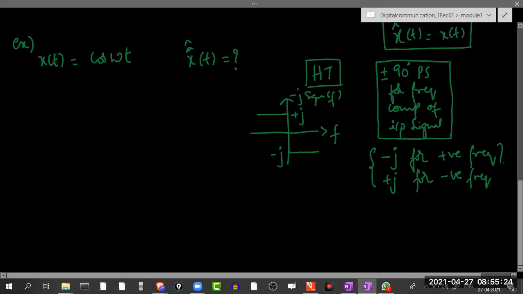So this is what it's trying to do. Here j means positive 90-degree and here I can think of it as negative 90-degree. So in other words, it changes the phase by negative 90-degree for positive frequencies and positive 90-degree for negative frequencies.